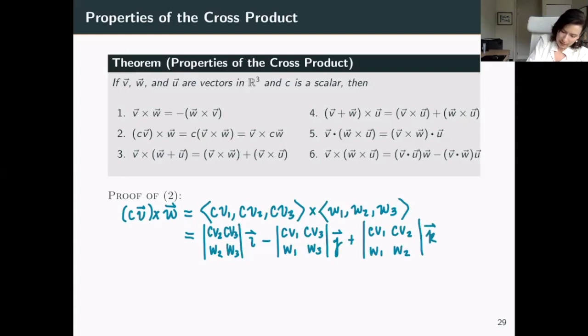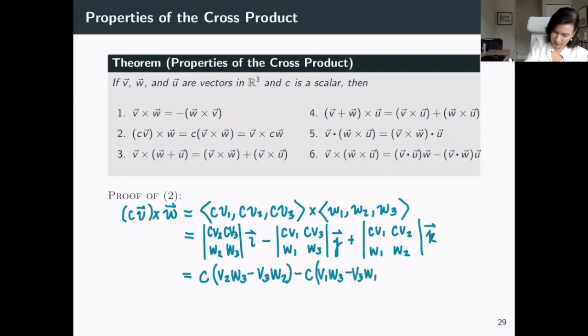In the first case, after a little simplification, we will get C times V2 W3 minus V3 W2, minus, again, C times V1 W3 minus V3 W1, followed by plus C times V1 W2 minus V2 W1.